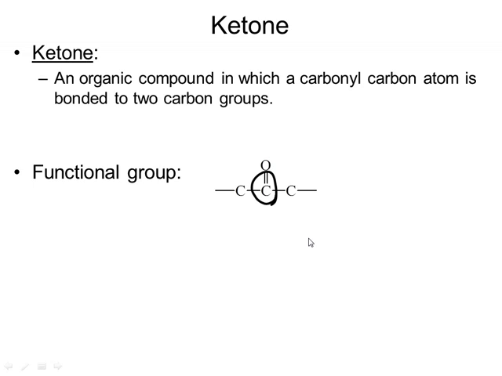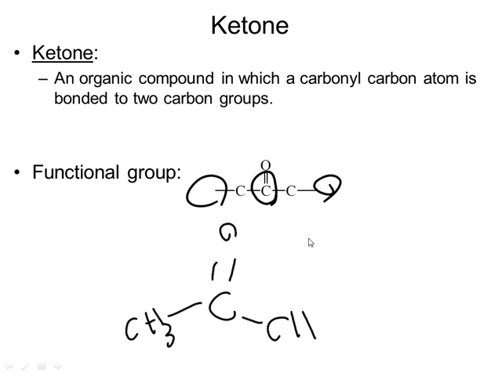These carbons could be terminal or attached to whatever else over here, but the carbonyl carbon has two carbons on either side of it. That makes the simplest possible ketone this. Its common name is acetone. We'll learn the IUPAC name shortly.